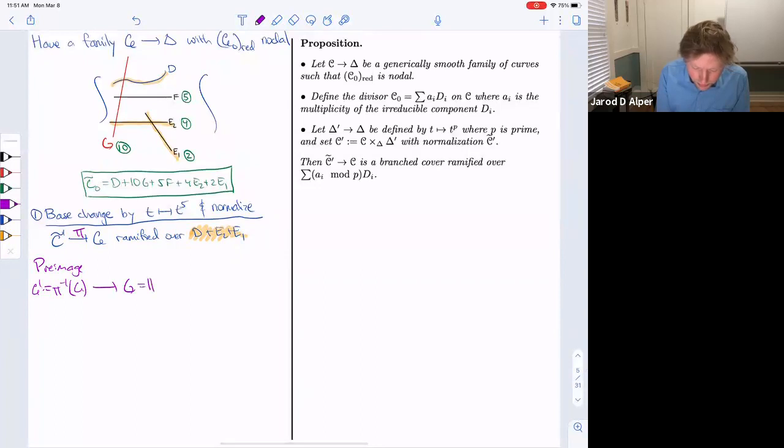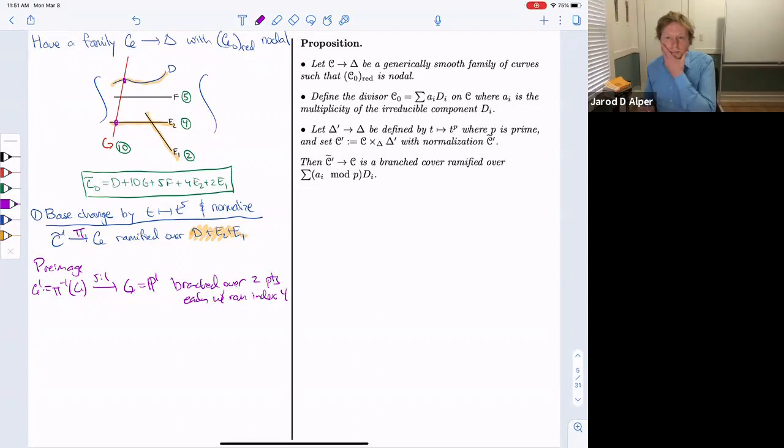G was the exceptional divisor. It's just a P1. This is a 5-to-1 cover. And we see that it's branched over, well, where does it intersect the ramification locus? It's at 2 points. So it's branched over 2 points, each with ramification index maximal, so 4, 5 minus 1.